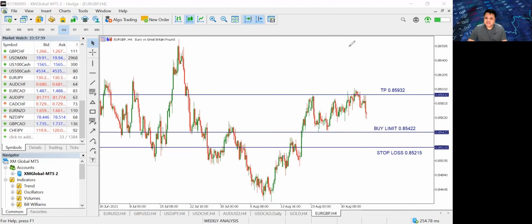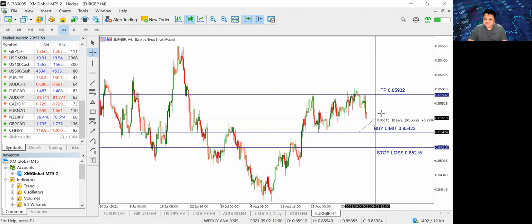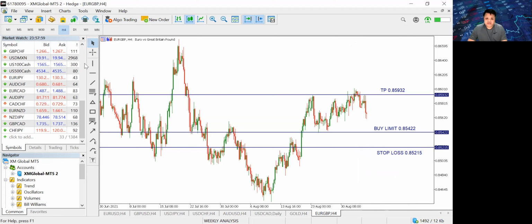Alright? Now let's check your TP pips. So if you're gonna buy here, your take profit is right there. That's 50 pips or 505 points. Alright, so ang risk natin for this trade is 20 pips, which is your risk.